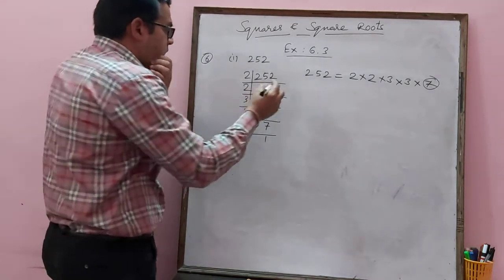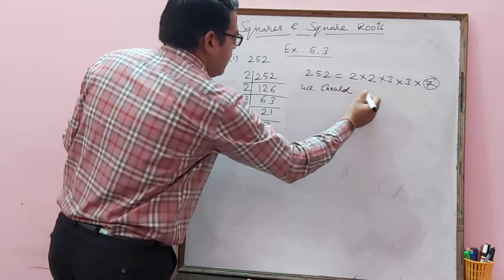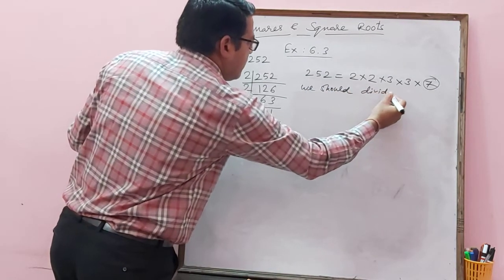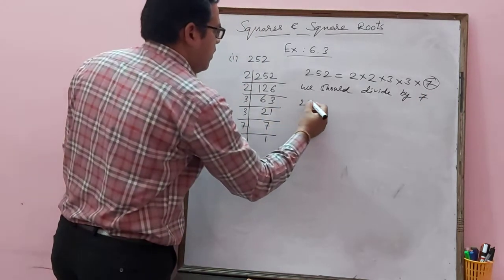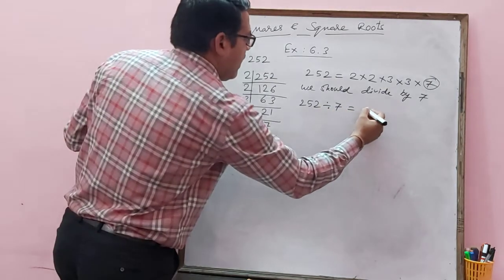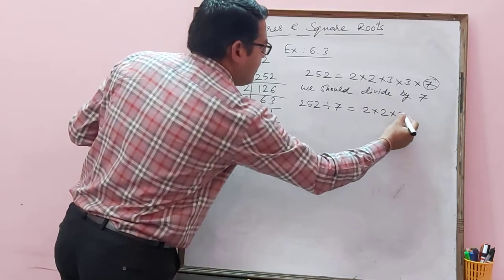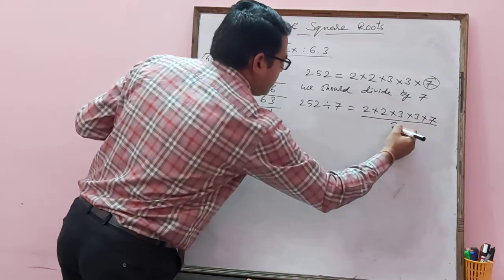So we should divide by 7 to make it a perfect square. Therefore 252 we divide by 7, and here also we divide by 7.